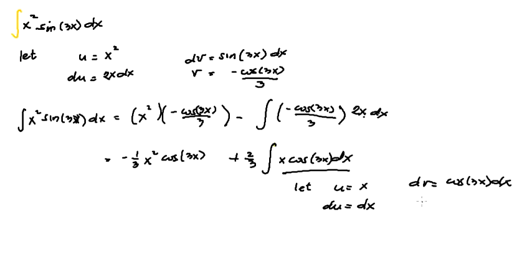Then for v, the integral of cosine is positive sine 3x, and the derivative of 3x is 3, so we need to divide this whole term by 3. So we have sine 3x all over 3.